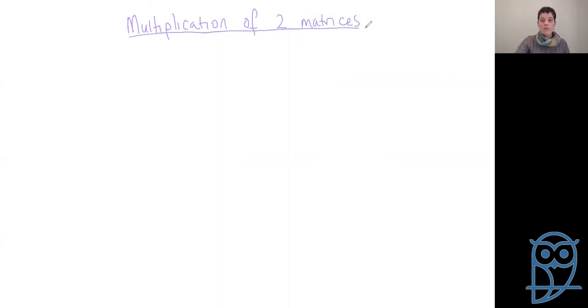So the important feature here, remember we had an important feature for each of those other last pieces of algebra. Here, the number of columns in the first matrix must equal the number of rows in the second matrix. Otherwise, you can't multiply them.